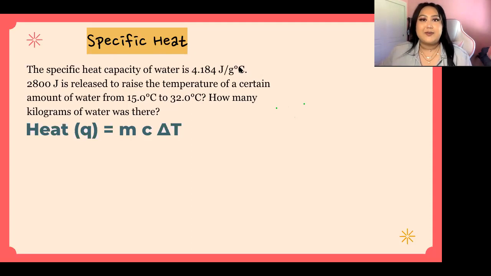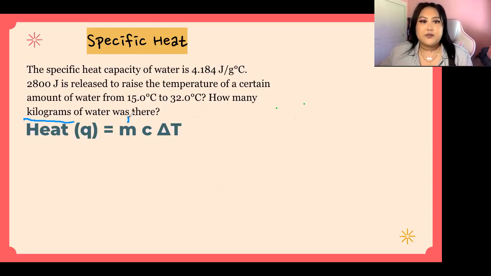Let's think about what it's asking us and what it's given to us. Which variable are we trying to solve for? M. Yeah, okay, M in kilograms. So we will convert later after we solve everything.